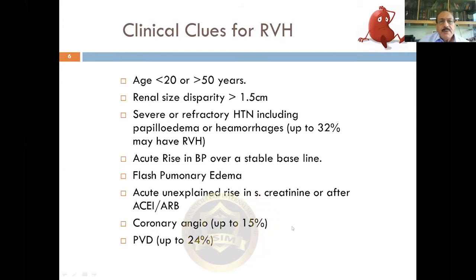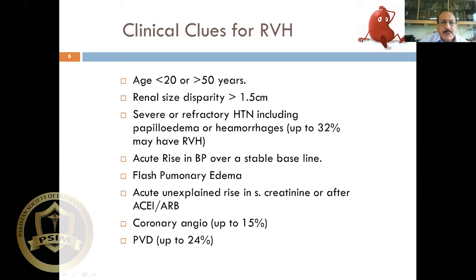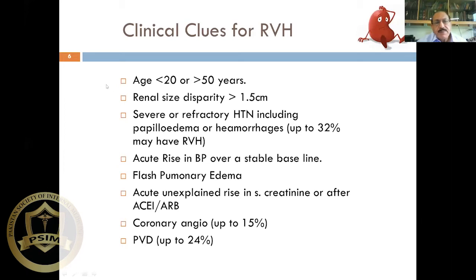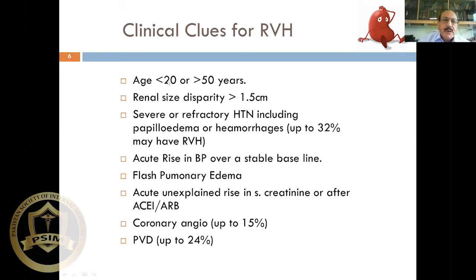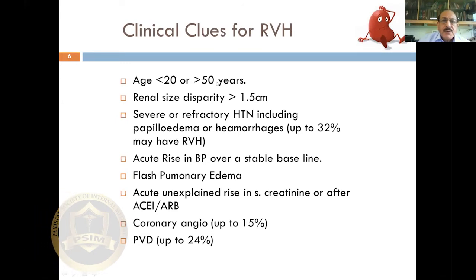The other category which gives rise to renal hypertension, which gives rise to high blood pressure, is renovascular hypertension. And renovascular hypertension you suspect if a young patient, less than 20 years of age, or more than 50 years of age, suddenly develops hypertension. Or if there is a renal size disparity.